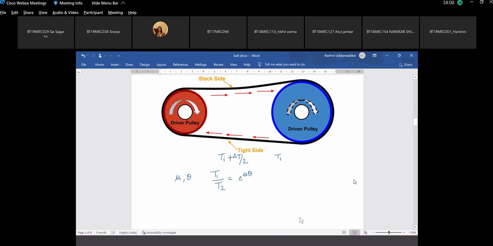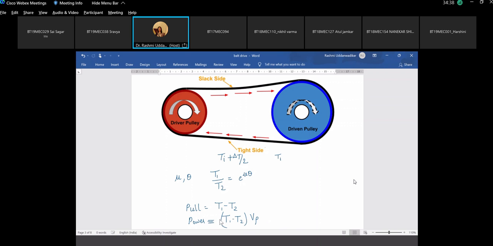And what is the effective pull? The effective pull of the belt is the difference between the tensions, T1 minus T2, and the power which will be transmitted will be this effective pull, or the difference between the belt tensions, into its peripheral velocity.